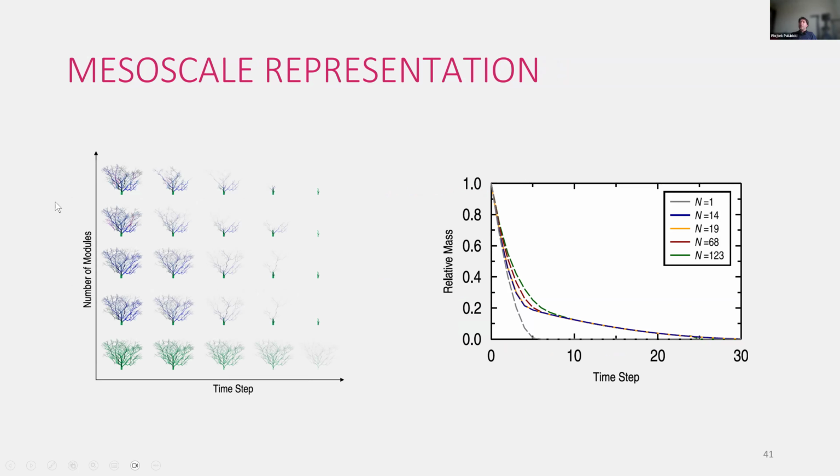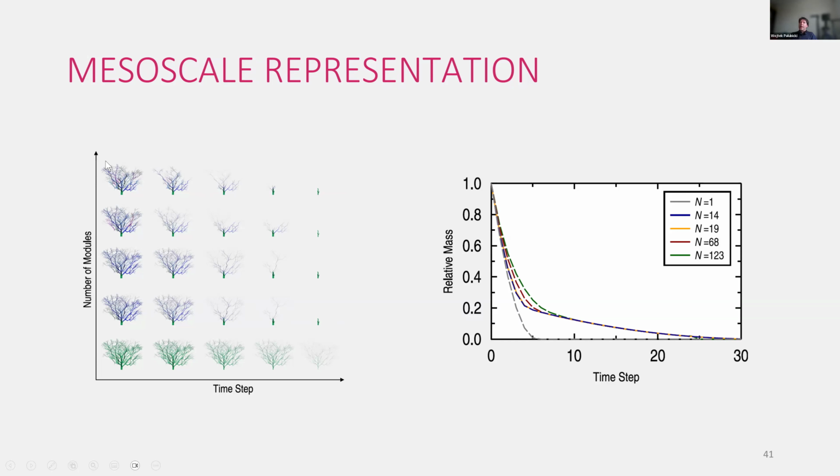We looked at and evaluated this model, which is now based on modules instead of surface elements, by looking at how the relative mass loss looks as a function of the number of modules. Essentially, this lowest row represents a model where we express the plant shape with only one module.